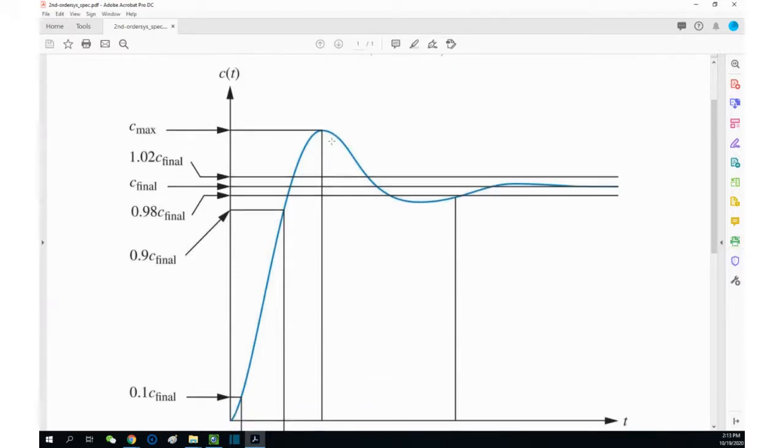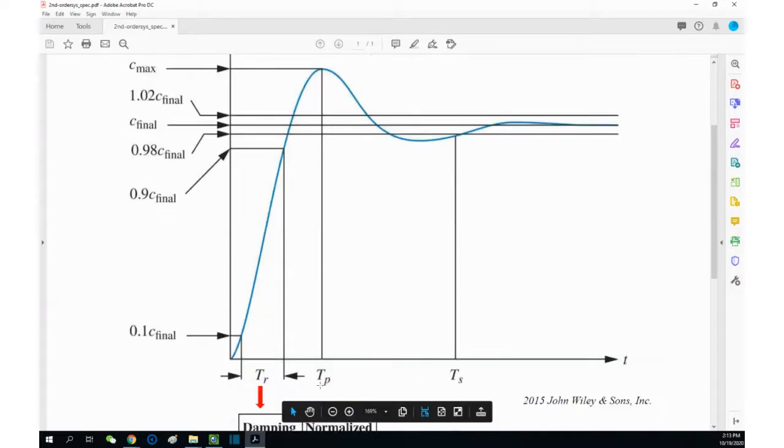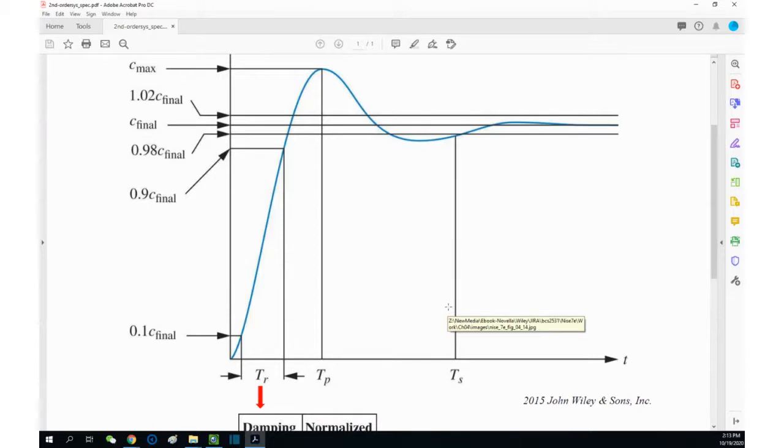You need to find this point, which is the peak time, so you basically go down to here and read this time value. Does it make sense? Finding the settling time is a little bit tricky because you cannot easily locate the 2% of the final value, the steady state value. However, you just try to estimate it.